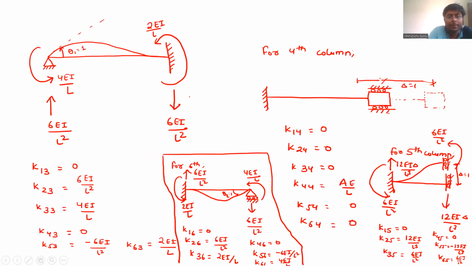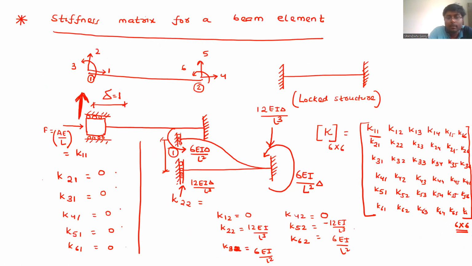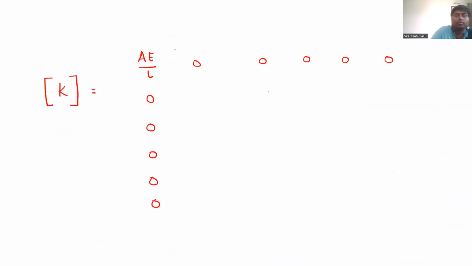Now K22 is 12EI by L cube. K33 is 4EI by L. First write the diagonal, the principal diagonal elements.